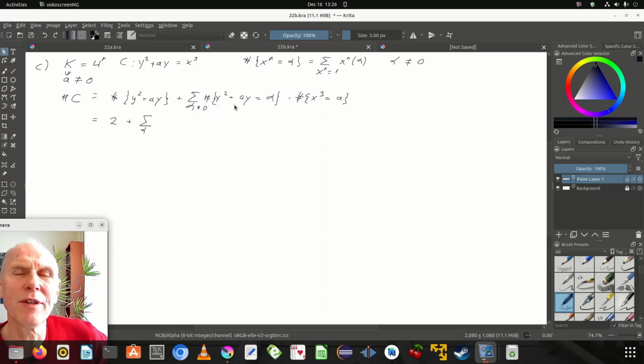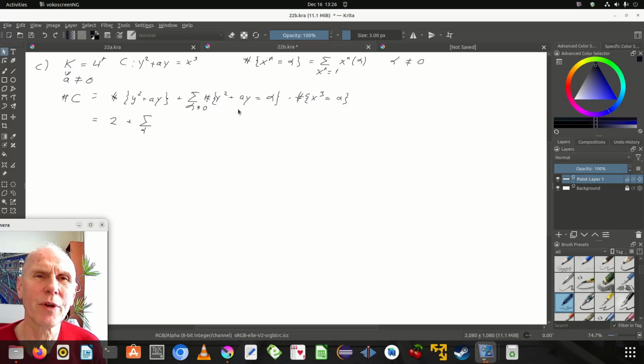And it occurred to me that in general, x going to x squared is 1-to-1. So maybe this one is in general.